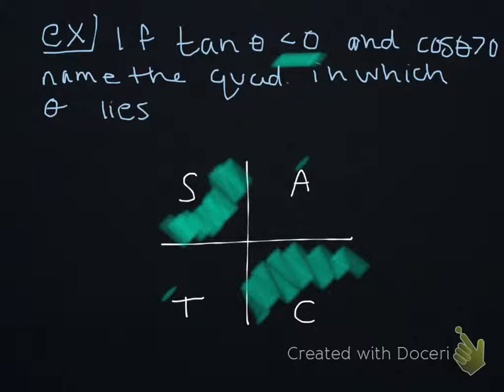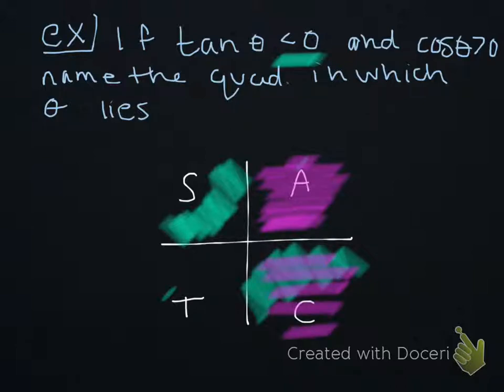Then it says cosine of theta is greater than 0. Okay, so cosine is positive in quadrant 1 and in quadrant 4. And the answer is where the overlap of the shading is going to happen. Notice the overlap in quadrant 4. So that would be our answer.